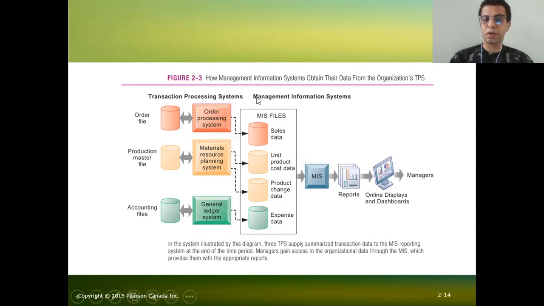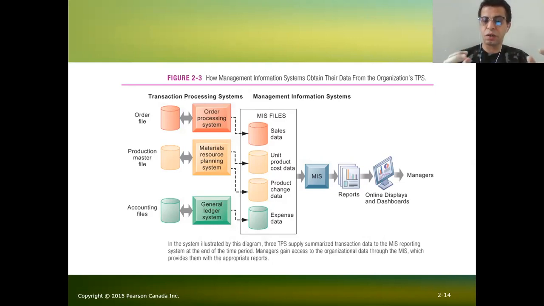Then the MIS, or management information system, will extract this data from all these different applications and put it in the sales data from the order processing system. Then probably the consumption comes from the unit product and cost data in the product change data, and the expense that is collected as a cost, all generated within the MIS.